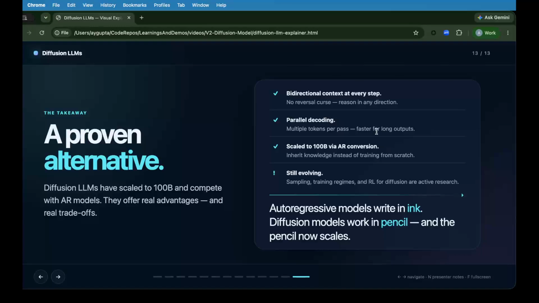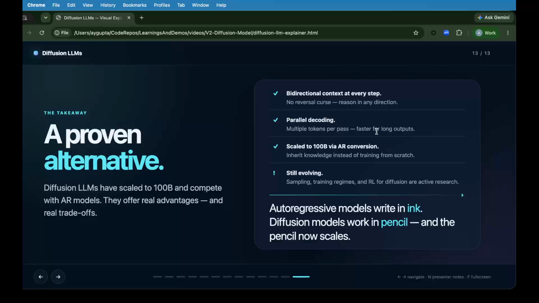And we can also inherit knowledge, because we can convert LLM models to diffusion models, which avoids training the model completely from scratch. Since training requires millions of dollars, we can save that cost. And it is still evolving. With time we will see new diffusion models coming up.